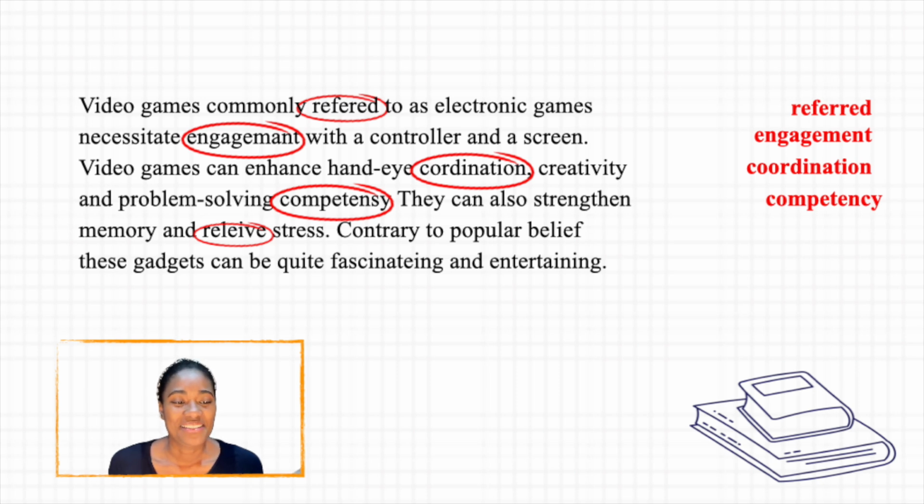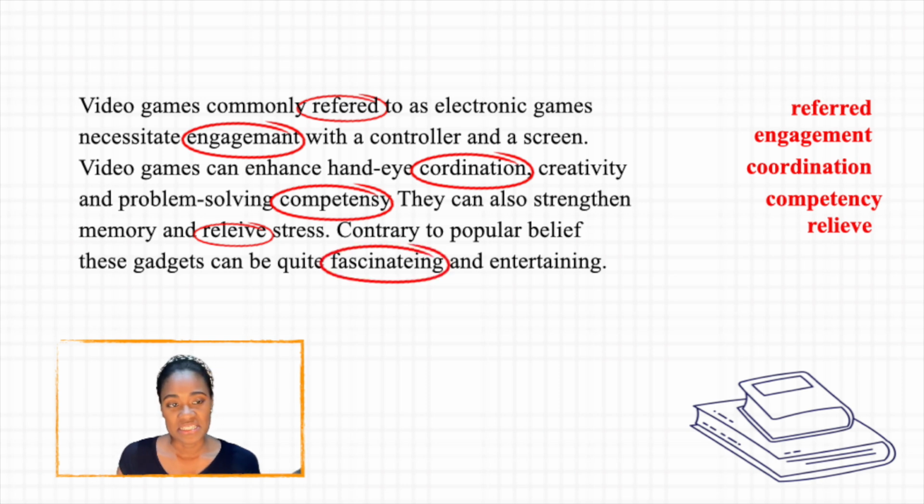Line 5, the penultimate line, the word relieve is incorrectly spelled, and there's a common spelling rule that helps students remember how these IE words should be spelled, but I've told all of my students that rule is just one rule that applies to many words, but it does not apply to all words. So the word relieve should be spelled R-E-L-I-E-V-E.